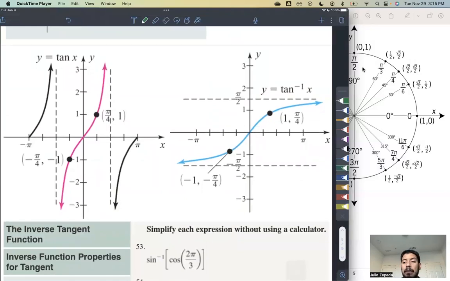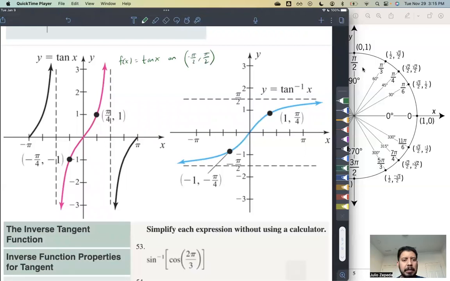The arc tangent or inverse tangent function. Well, let's take a look at the tangent function. We'll have to restrict the domain. So let's call it f of x equals tangent of x, on the interval, and we need parentheses for this one, -pi over 2 to +pi over 2.